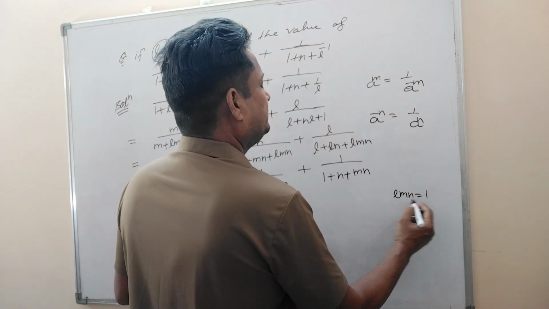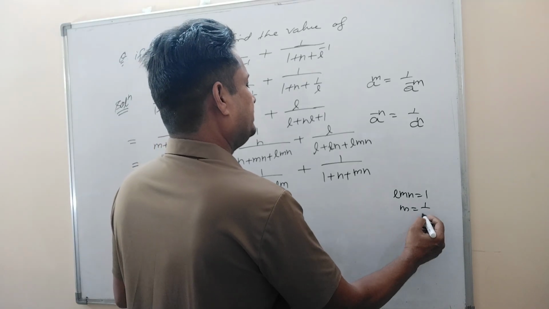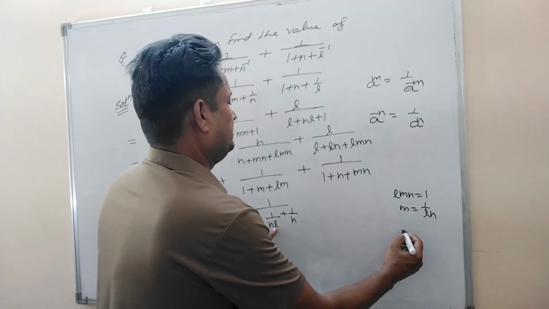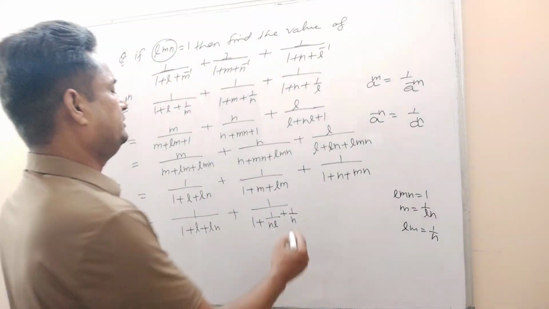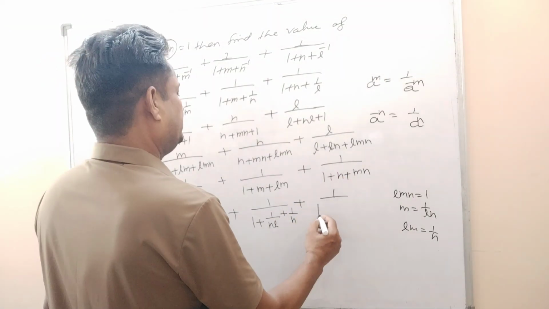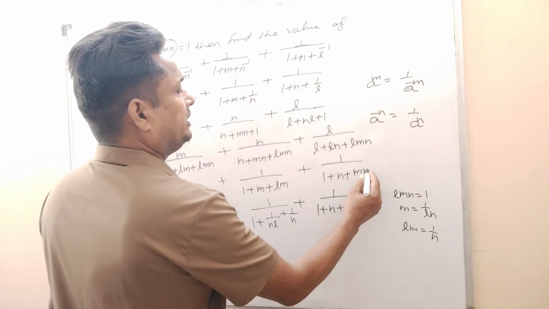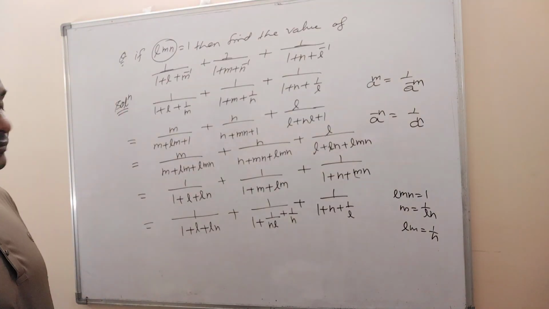Lmn is what? 1. So from the relation, m can be replaced as 1 by nl, and lm can be replaced as 1 by n. In the similar way, 1 plus n plus mn can be replaced as 1 by l.